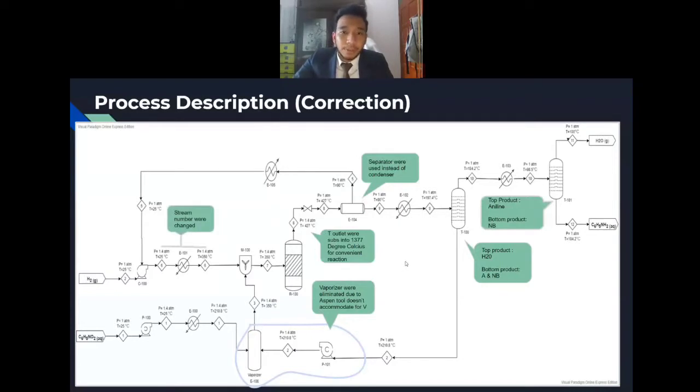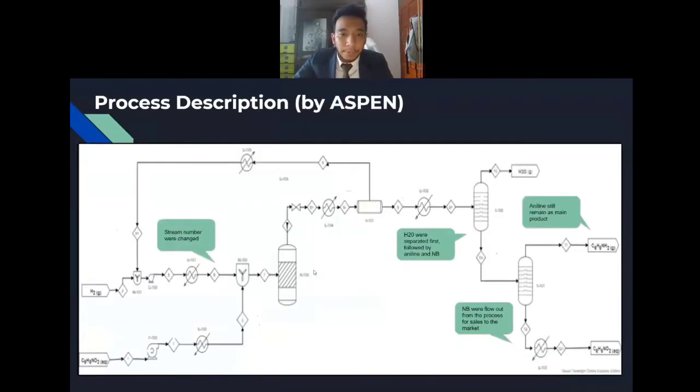Okay, next, moving on to the new one. Some stream numbers will change, and at the first distillation column, the water is separated first at the top product, followed by aniline and nitrobenzene in the bottom product.